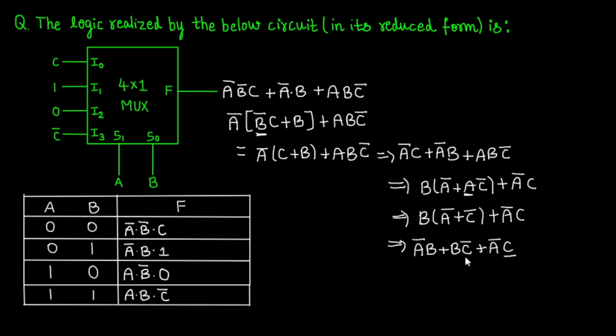So to this C and C bar, the linked terms are A bar and B, and these A bar and B are luckily present as a product term in this expression, A bar dot B. So as per the consensus theorem, in the output function F this A bar B must be neglected as it is a redundant term. So the final answer is A bar C plus B C bar. So this is the final answer. Thank you.